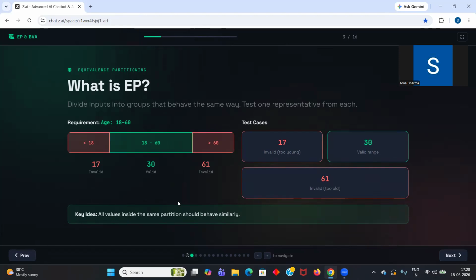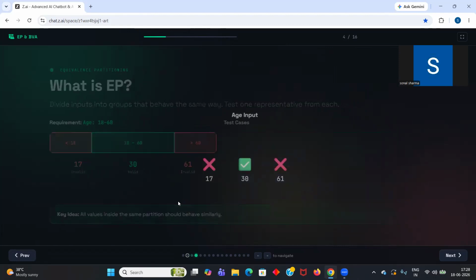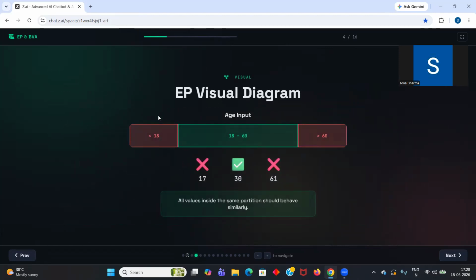So you can test only one representative from each partition, or each group. So here we have divided our input range into three groups: less than 18, 18 to 60 and more than 60. And we will test one value from each group like 17, 30, 61, because all the values inside the same partition behave similarly.